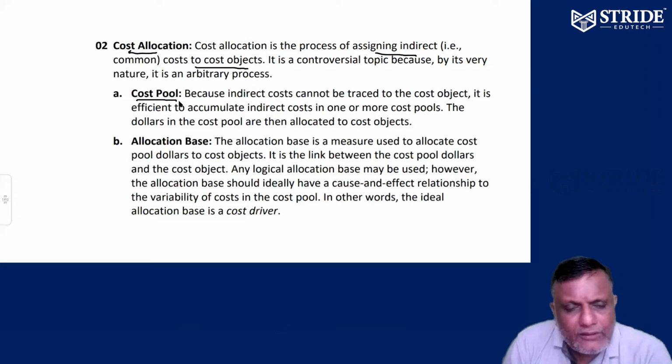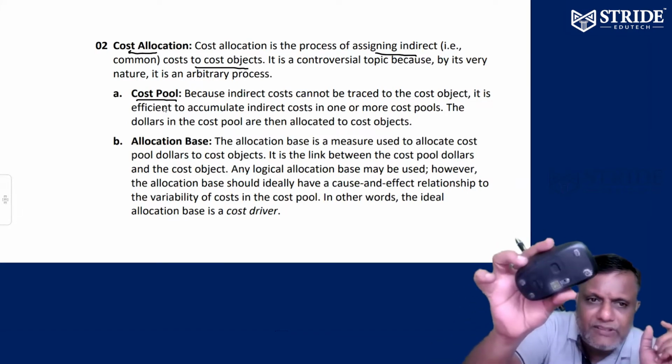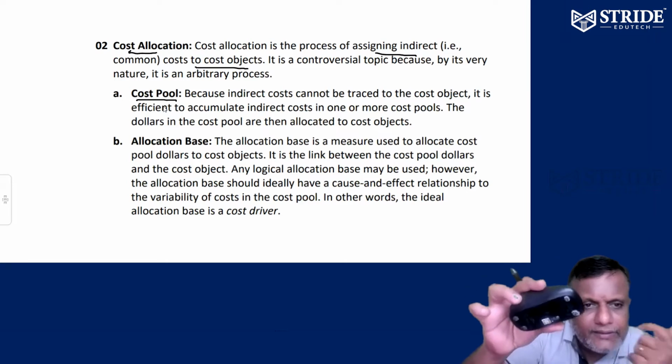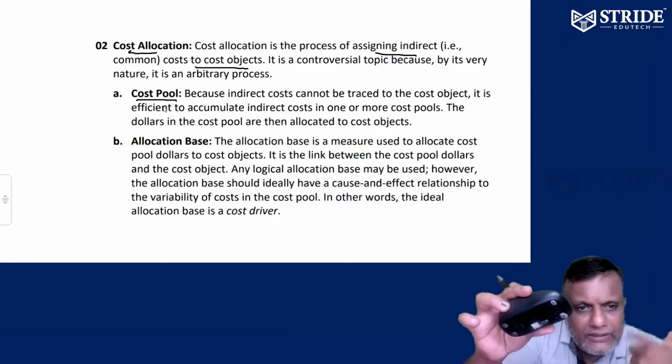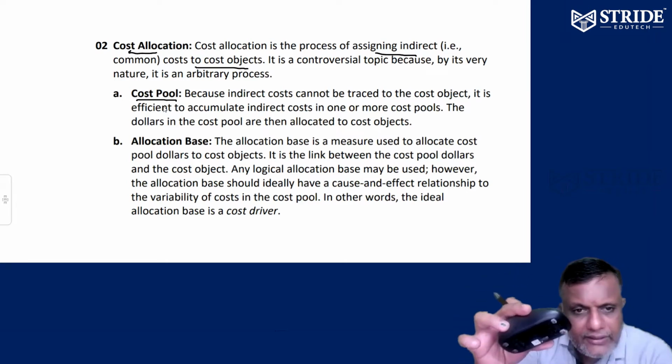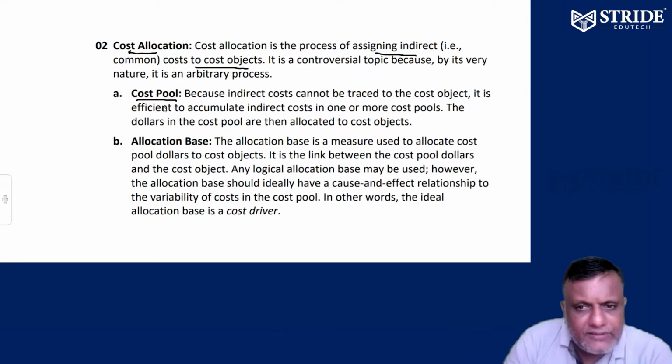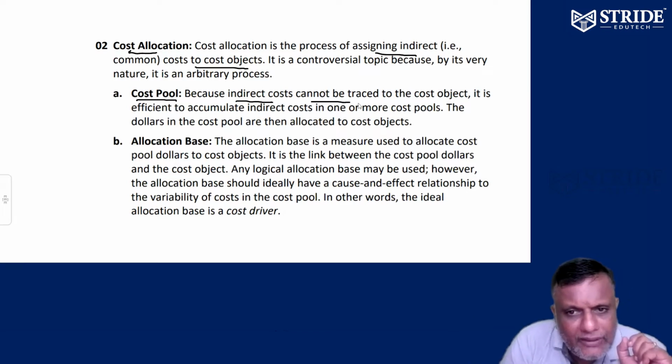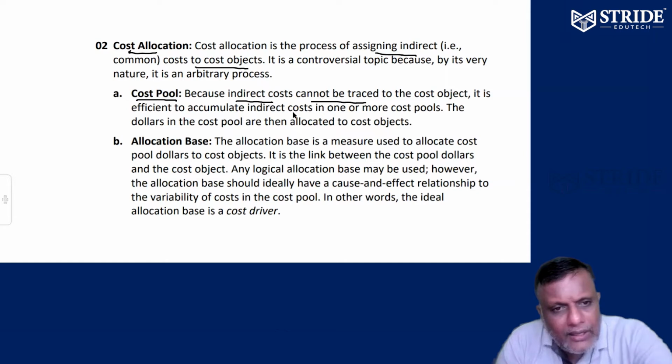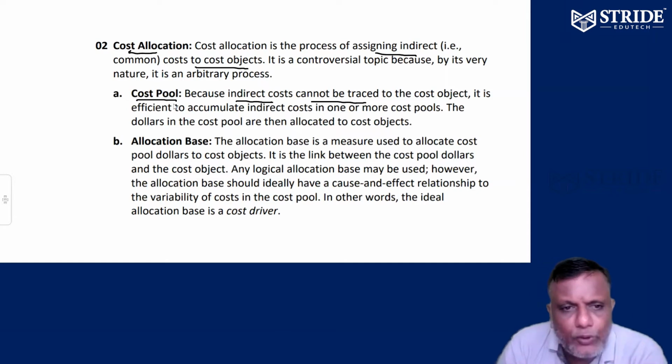Cost pool is nothing but factory related overhead expenses, selling related expenses, office related expenses, administrative related expenses. Factory related expenses are called a cost pool. Similarly, indirect costs cannot be traced, but they can be allocated to a particular head. It is called pooling.